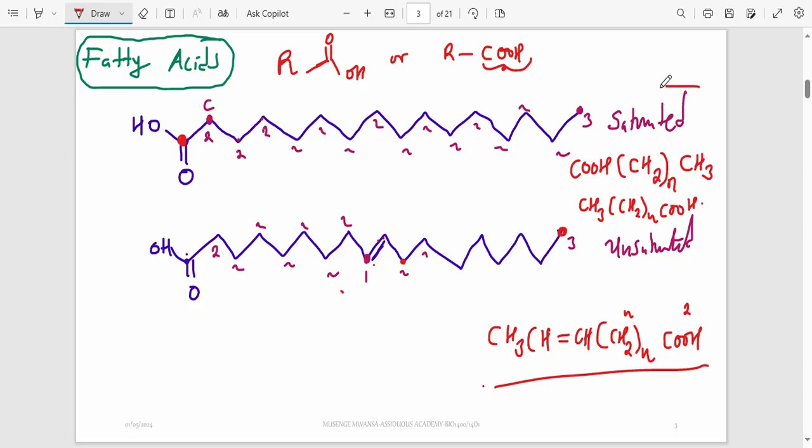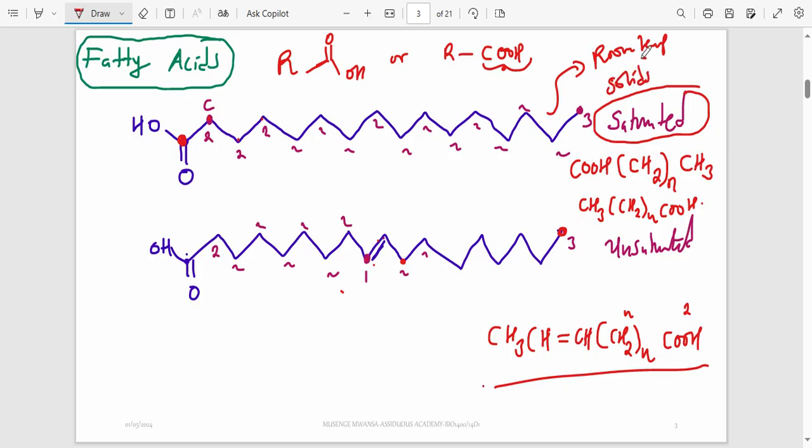Saturated fatty acids, they don't have any double bond. And these saturated acids, because they don't have any double bond, there is no point where any hydrogen is supposed to come and add. These ones at room temperature, please take note, room temperature, that is like 25 degrees, they are going to be found as solids.